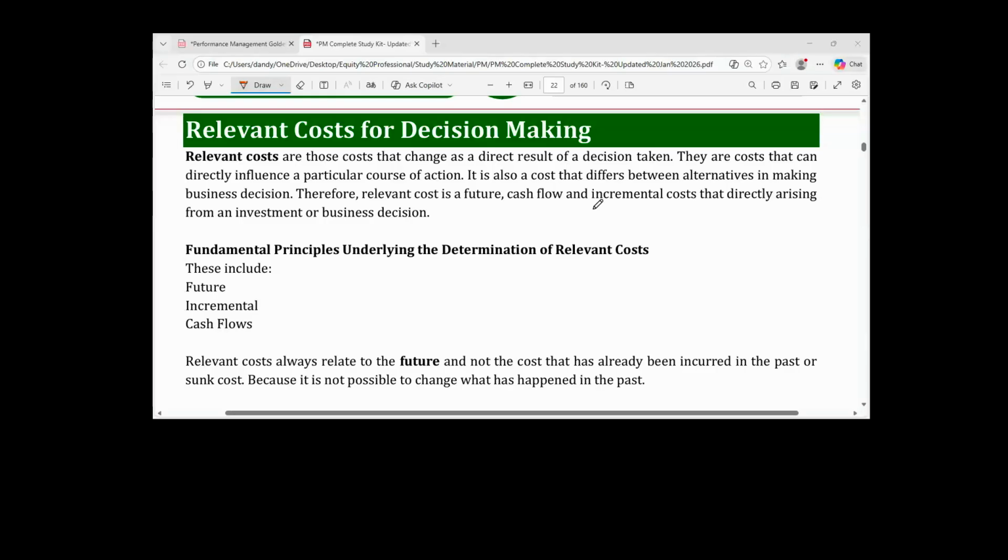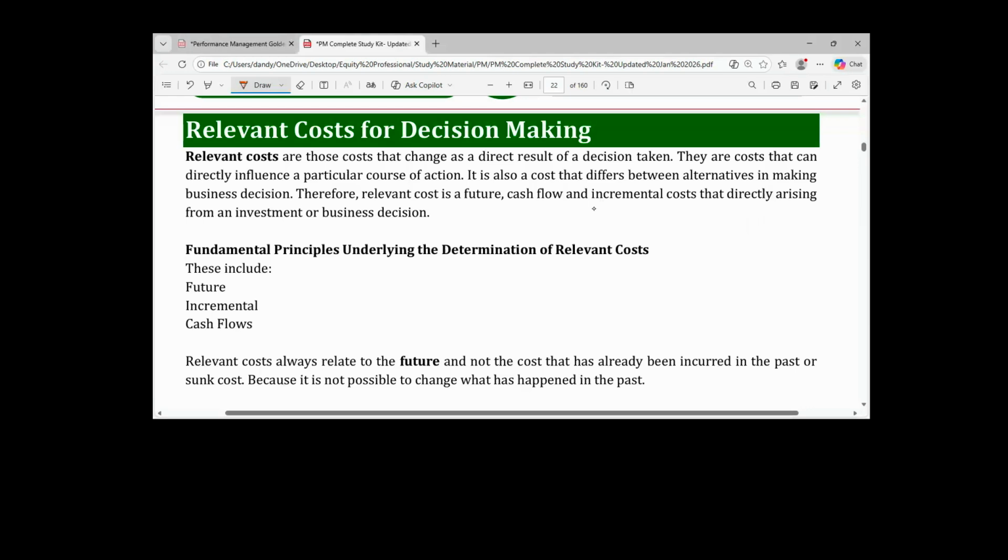Therefore, simply put, relevant costs are costs that are directly attributable to a particular course of action in making managerial decision. I repeat, relevant costs are costs that are directly attributable to a particular course of action in making managerial decision.